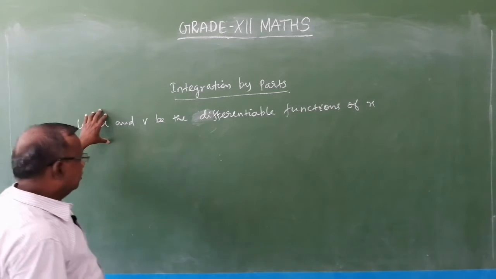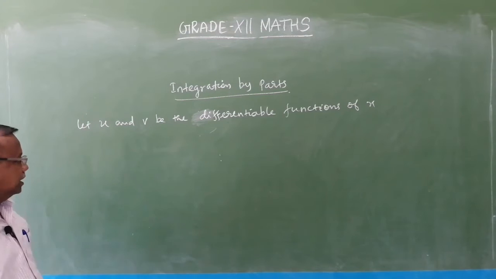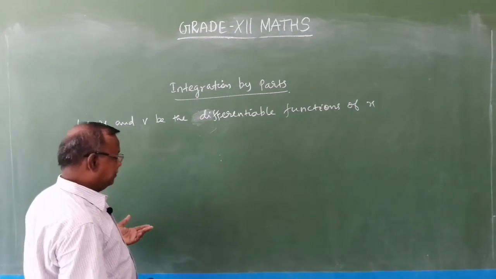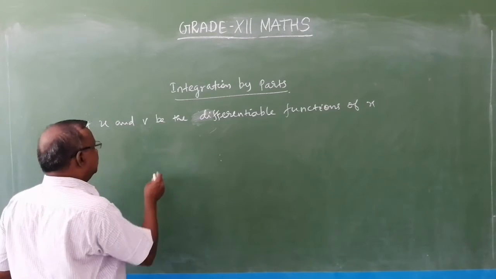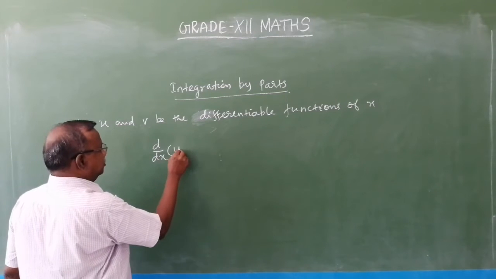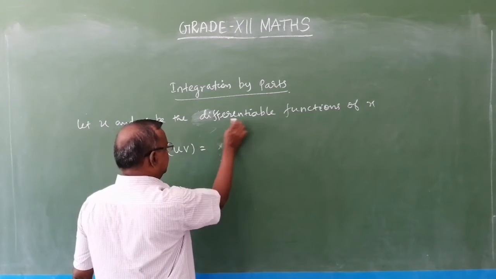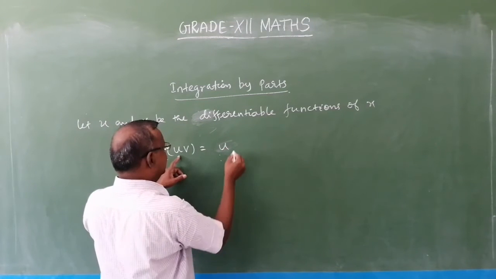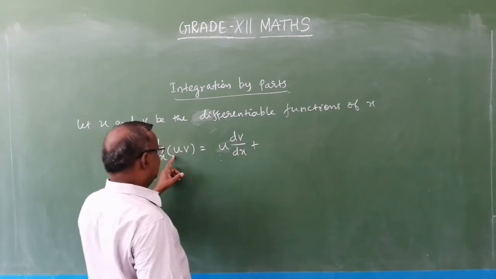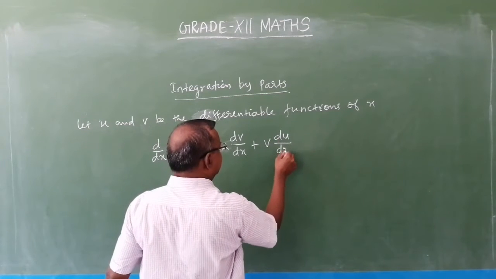So, u and v are two differentiable functions in the single variable x. Then by differentiation, d by dx of uv equals u into v dash, that is u into dv by dx, plus v into u dash, that is v into du by dx.